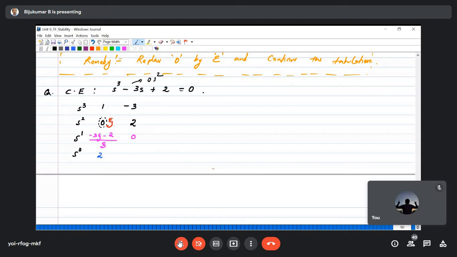So now tell me how many poles are in the LHP and RHP. Can you tell?